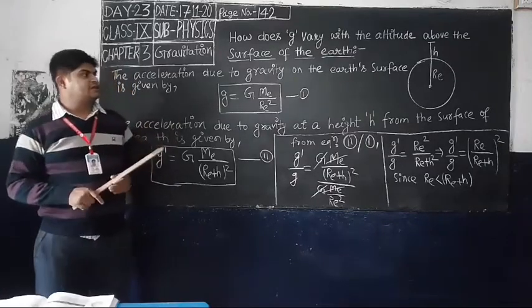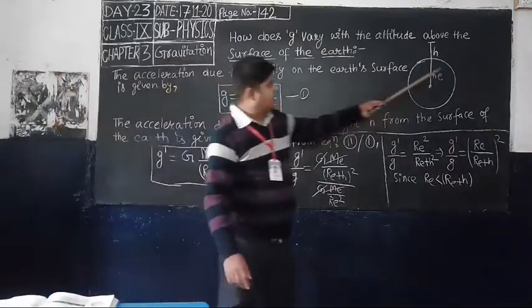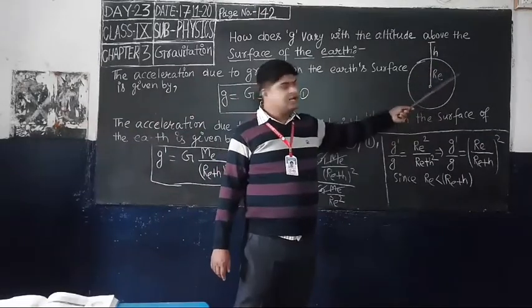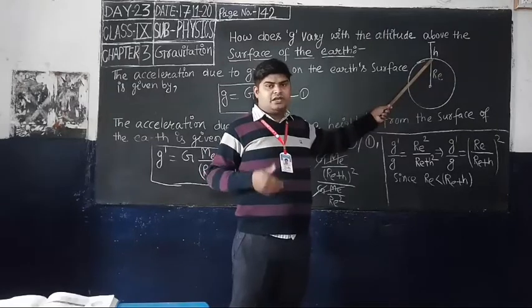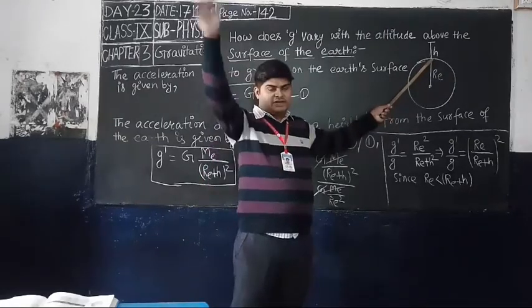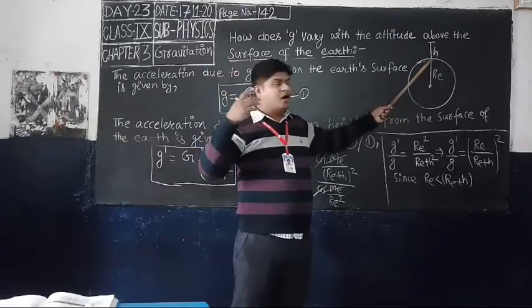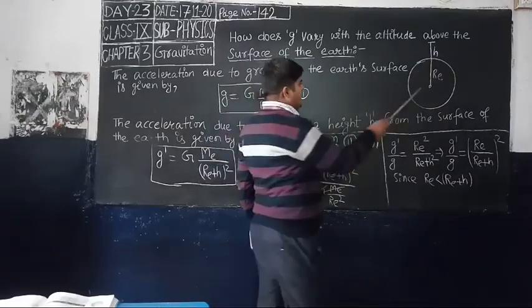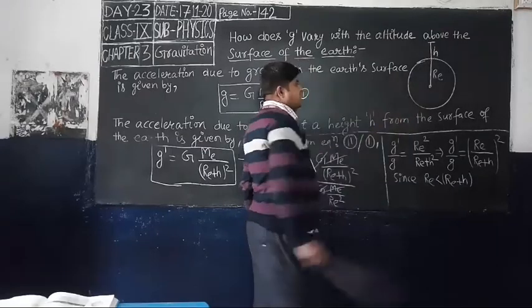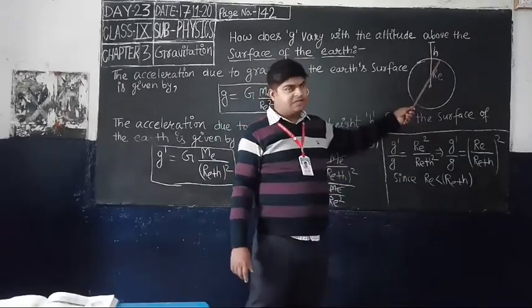Let us see here. This is the diagram for the earth. Suppose this is the earth and this is the radius, and the object is on a mountain or covering some height, that means the object is in the sky. Then the distance between the object and the earth is radius plus height, suppose small h.